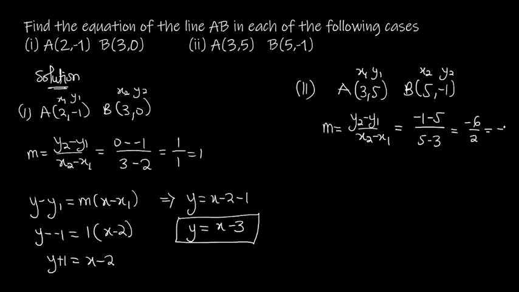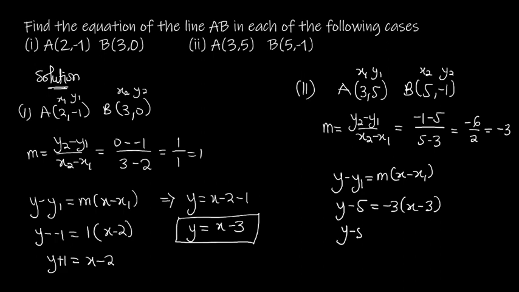and this will give me a gradient of negative 3. Now substituting this into the expression y minus y1 equals m into bracket x minus x1, I have y minus y1, which is 5, equal to negative 3 as the gradient, x minus x1, which is 3. So I simplify this expression to have my equation of the straight line.